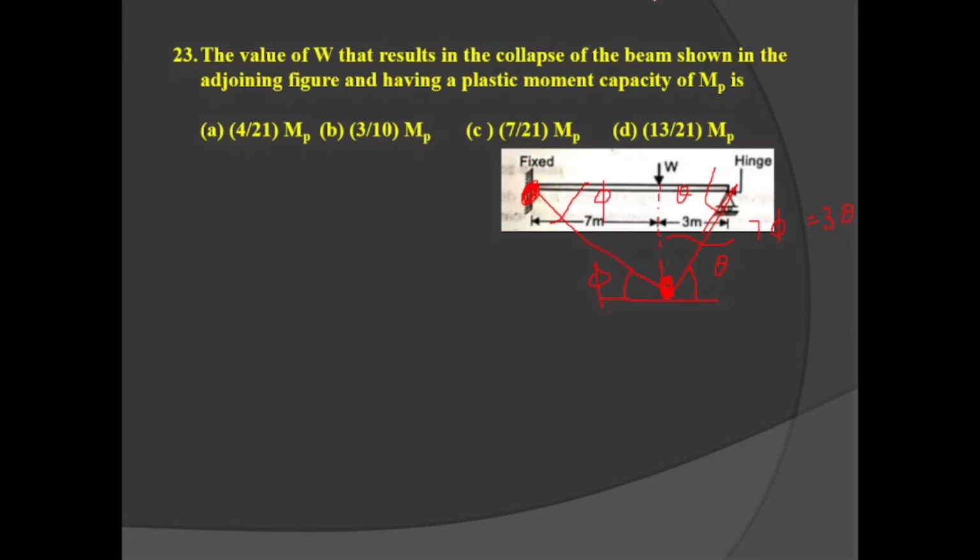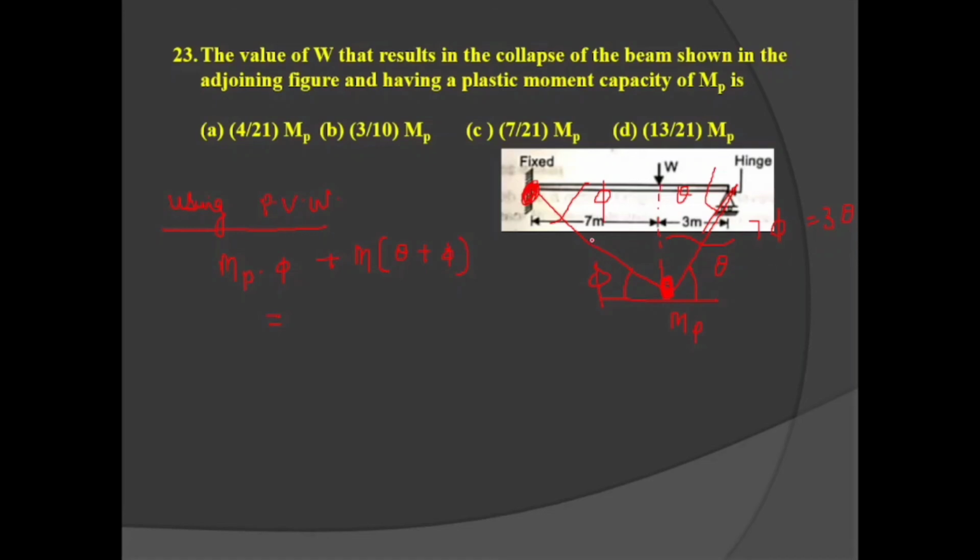You can calculate the value of W using the principle of virtual work. Internal work done must be equal to external work done. MP into phi plus MP into theta plus phi, because here also MP moment is required, is equal to W into 7 phi, and 7 phi is equal to 3 theta.